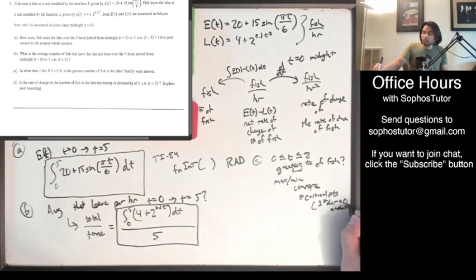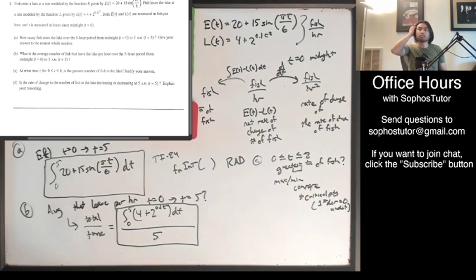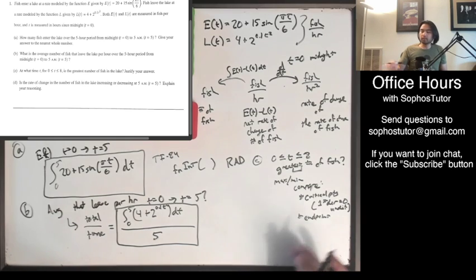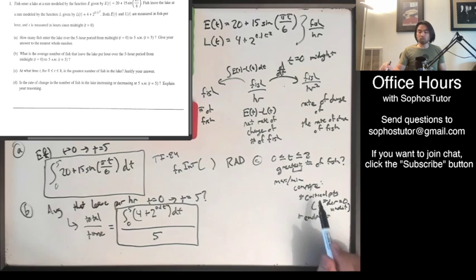That will give us our t values, and we can plug them into the function. Or we could also use an endpoint. If we know the values of the endpoints, then we can figure out if it's a max or a min. We can just compare these values.